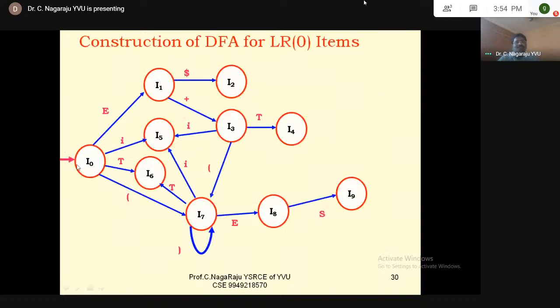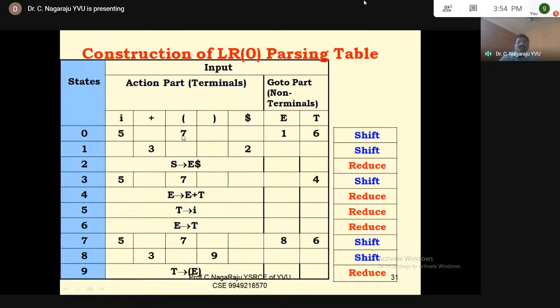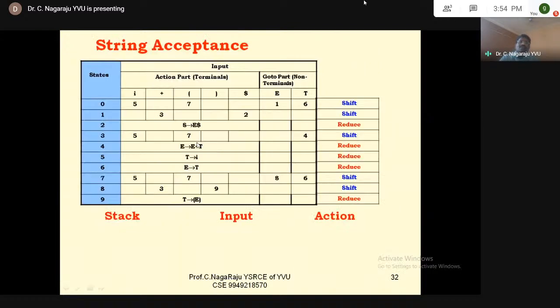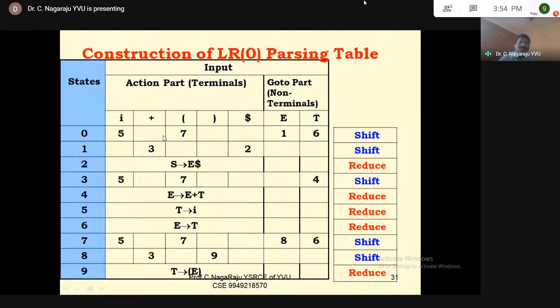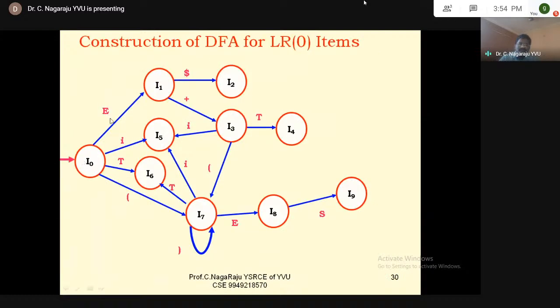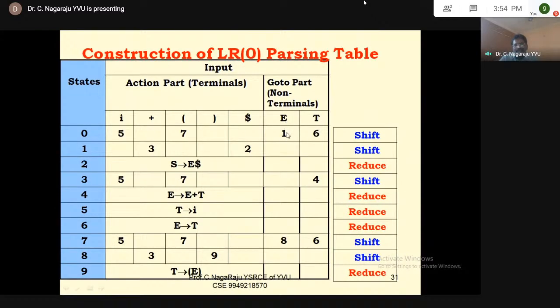You see that from 0 on the left brace, it goes to I7, I0 to I7. So here we write the state number, that is 7. And the next one, on a non-terminal symbol. Suppose on E from state 0, which state will it go to? On E as input, it will go to state 1. So that's why we have written state 1 here.